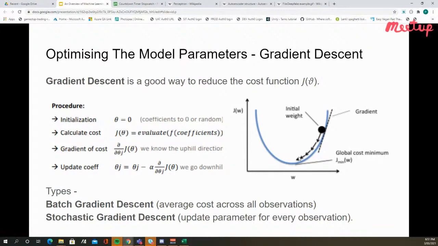Or you do what's called stochastic gradient descent, which is mostly what they do in neural networks, and you look at each parameter, each weight, and then you calculate the cost function just for that, and then you update it to reduce the error. You work out the gradient just for that value, and then you do the same individually for all of your weights and all of your model.